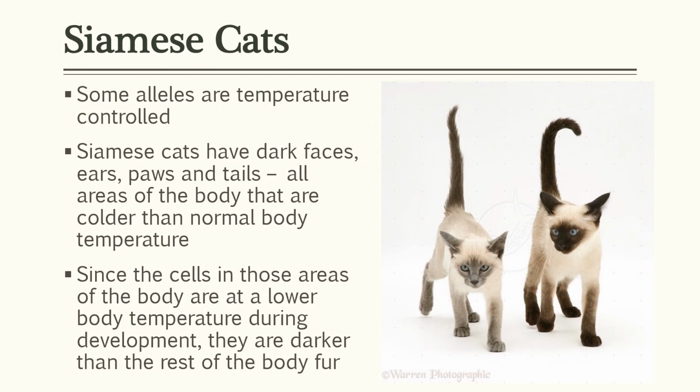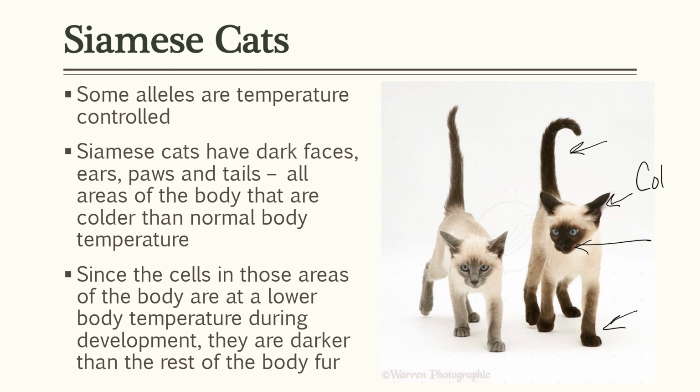A cool example of this type of epigenetic control is Siamese cats. They have really cool coloration patterns. They have dark tails, dark ears, dark paws, and dark faces, while the rest of their body has a lighter fur color. What do all of these areas that are dark have in common?